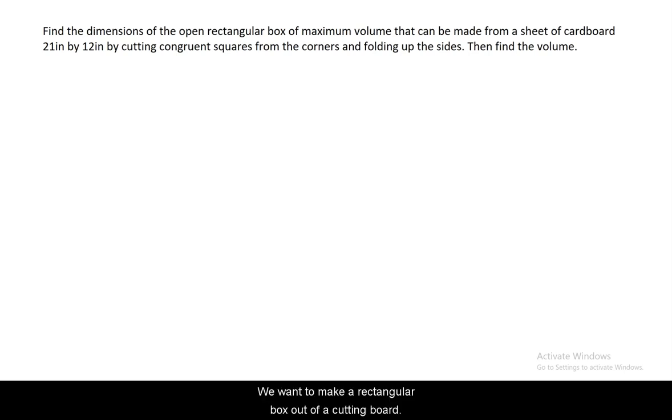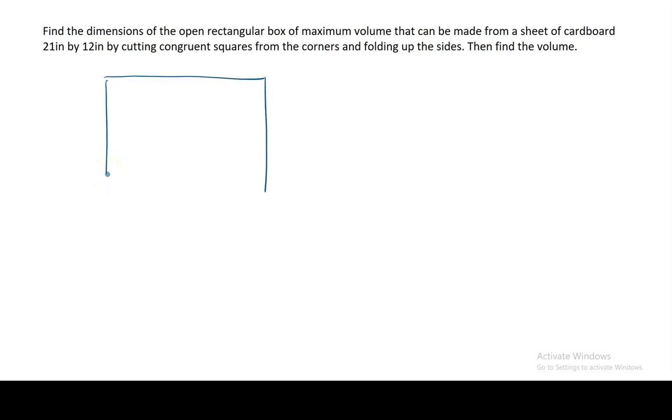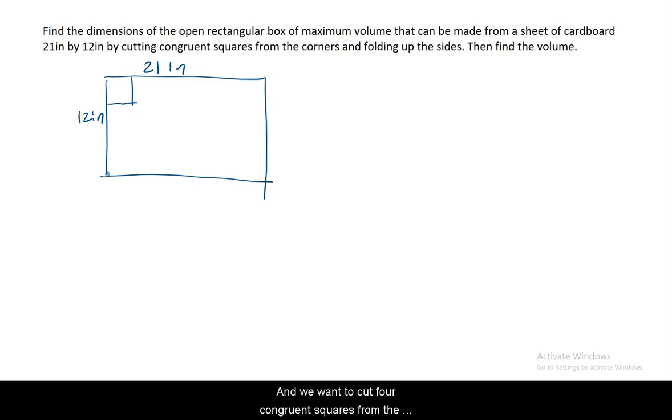We want to make a rectangular box out of a cutting board, and we know the dimension of that board, that's 21 inches by 12 inches, and we want to cut 4 congruent squares from the 4 corners and then fold up the sides to make the box. Okay, we want to know when we will have the maximum volume.